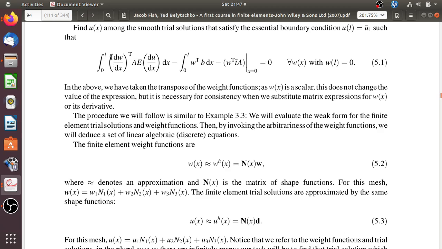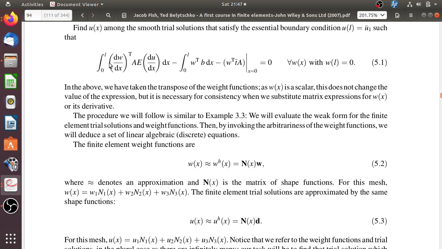So the way I could write this dw by dx transpose is w transpose into dN by dx transpose. Okay, that's how we can write this term when I substitute this one.